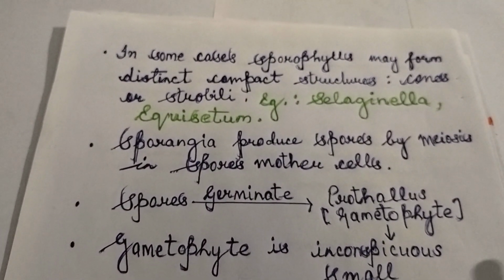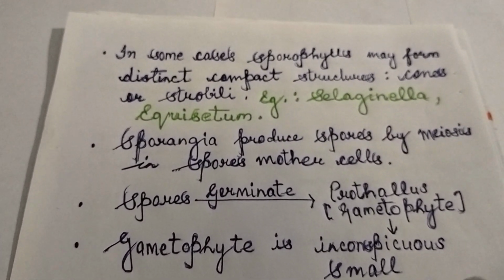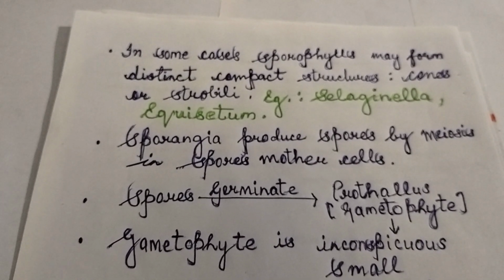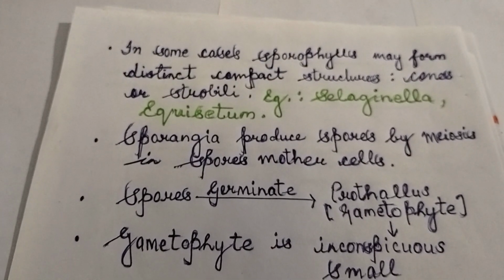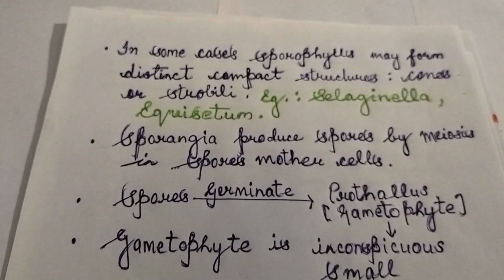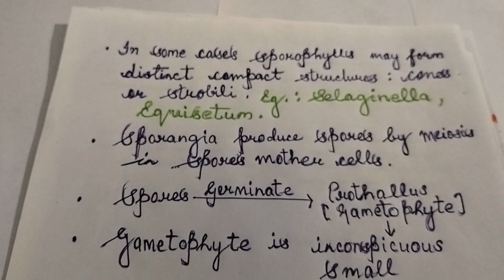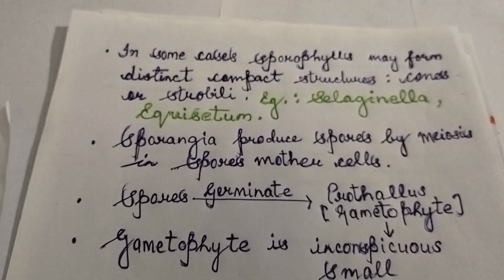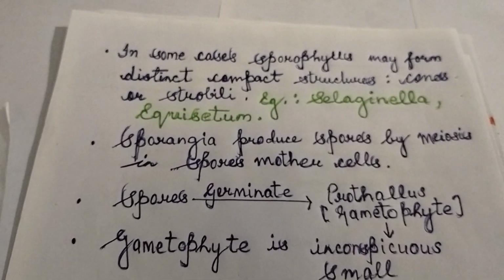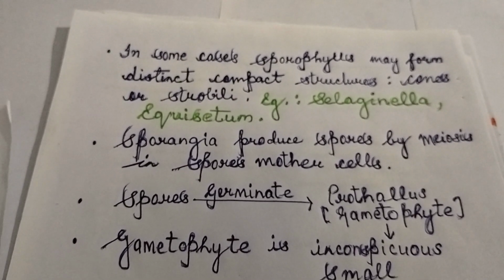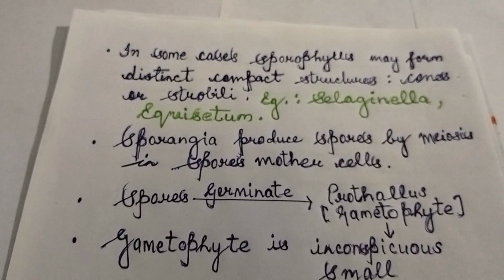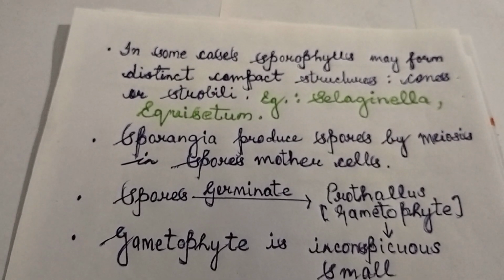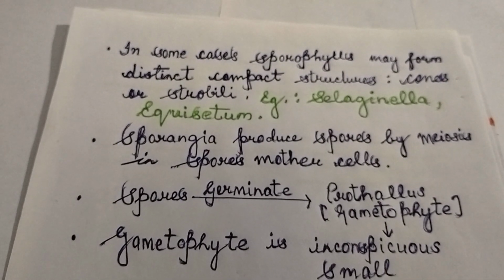And you all know sporangia produce spores. Remember in bryophytes also, spores are formed by meiosis. So here also spores are produced by reduction division, that is meiosis, in spore mother cells. Means there are some specific cells known as spore mother cells. They undergo meiosis resulting in the formation of spores, and these spores now are haploid.